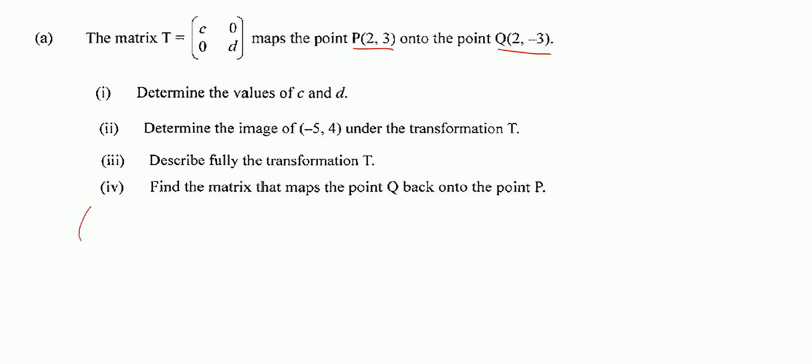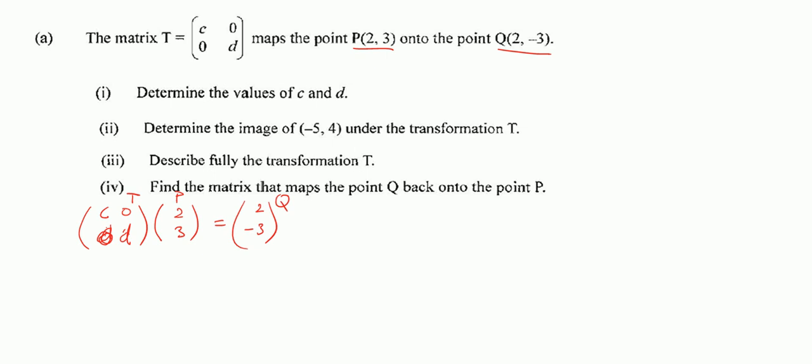So we put C, 0, 0, D, multiplied by the point P, which is 2, 3, and we know the image is 2, minus 3. So we need to set up this equation first. You have the matrix T, the point P, and the point Q.